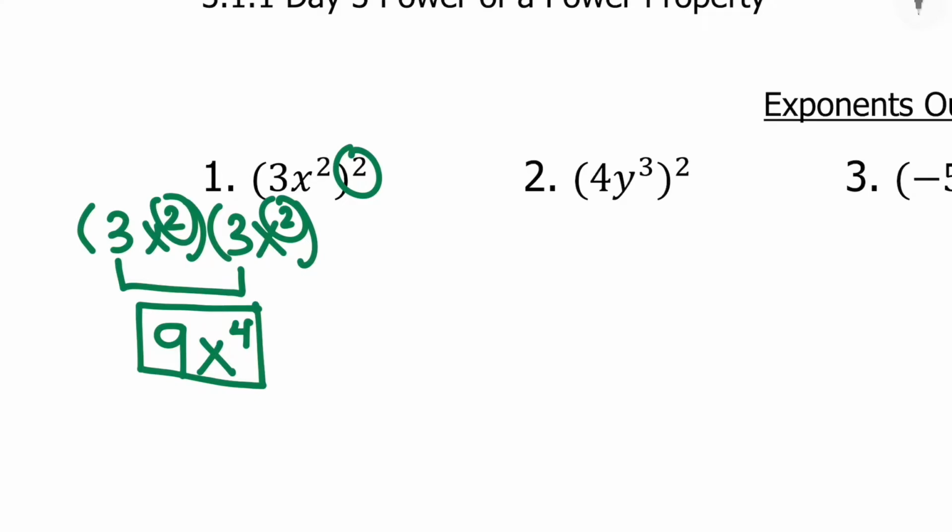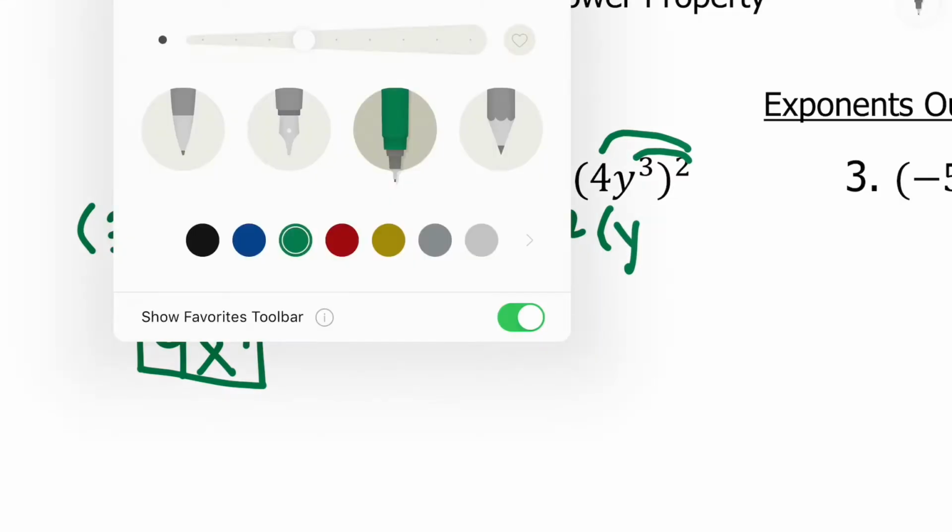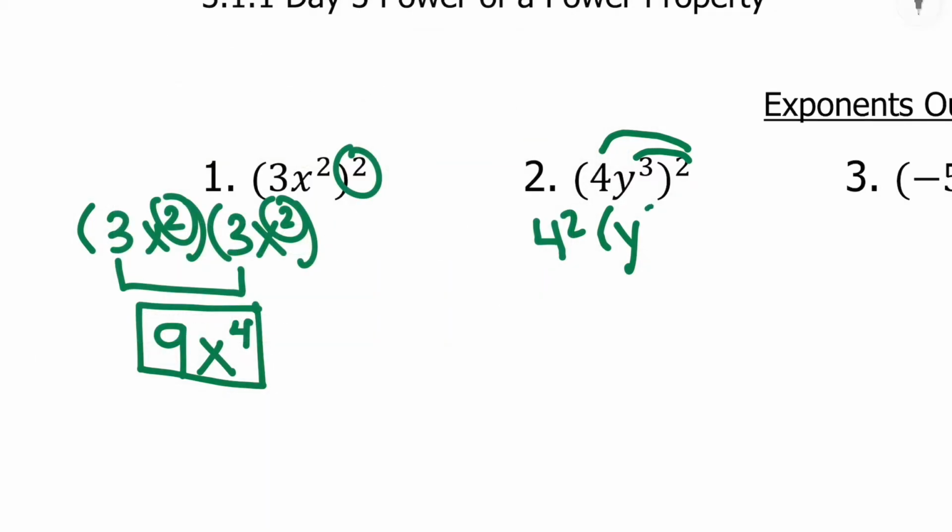Another way to look at this is you can think about squaring each part separately. So number 2, I'm going to show you another way to look at it, but you still need to get this final answer correct. You would take the 4 and square it, and then take the y cubed and square it. This is still doing what we did in number 1, it's just breaking it apart differently.